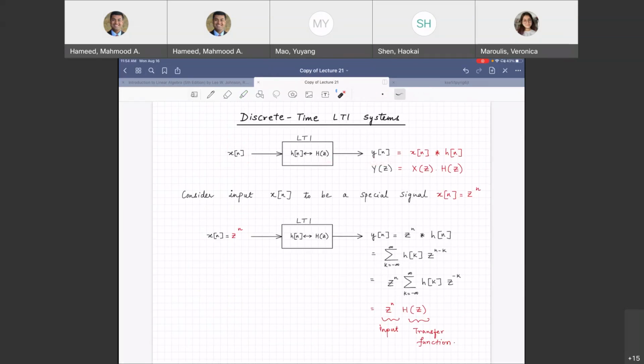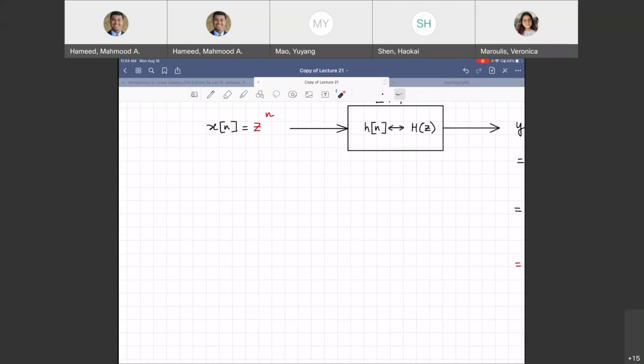Output sequence y of n, obtained by doing discrete convolution of the input and the impulse response, or z transform of the output, product of the z transform of input and the transfer function. Now, essentially this slide is going to prove where the z transform comes from.